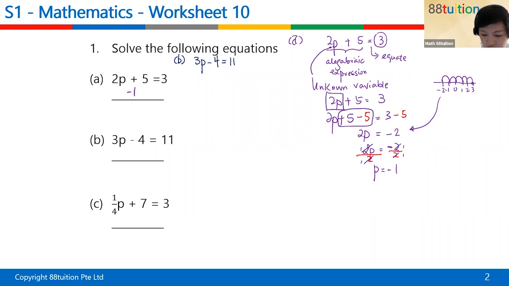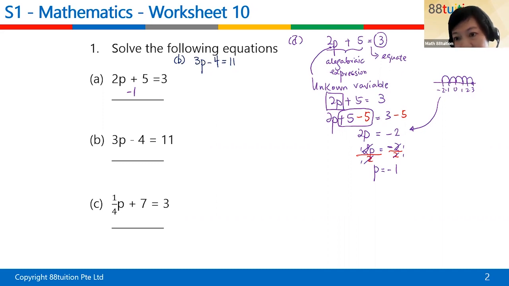How can I do 3p minus 4 is equal to 11? Who can help? Casper, are you ready? Any idea? Casper, are you ready? If not ready, then I'll wait for you. You will take the next round.